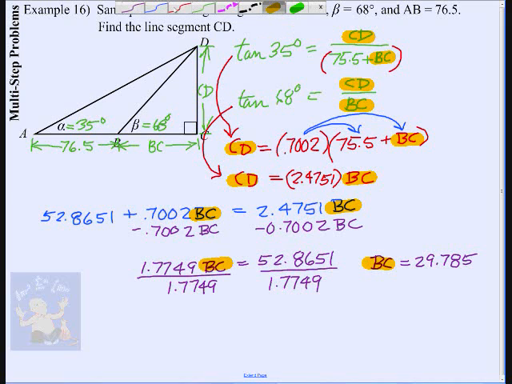Now, why was I looking for that? I wanted to find out what this is. So I can use just this triangle here this time. Last time we added these two segments together and we used the outside triangle. This time we'll use the inside one.